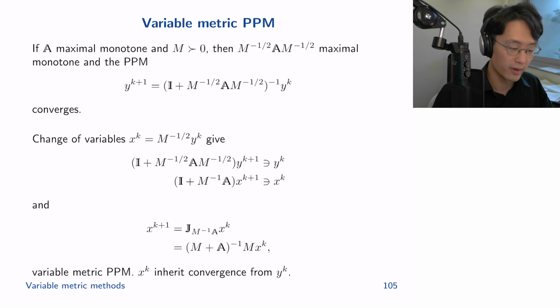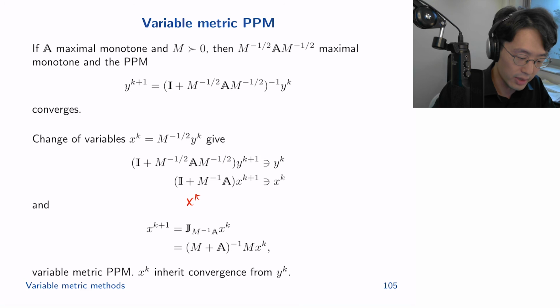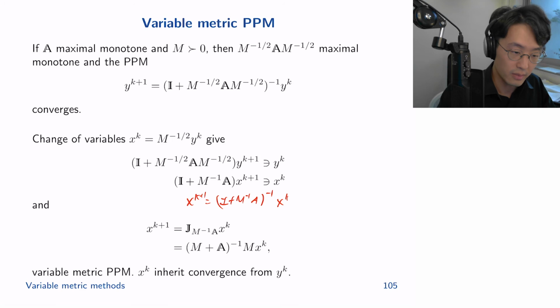Next, we can perform a change of variables where x_k is equal to M^{-1/2} times y_k. That change of variables gives us this monotone inclusion. Then we take this operator and we invert it. So we get x_{k+1} is equal to (I + M^{-1}A)^{-1} x_k.